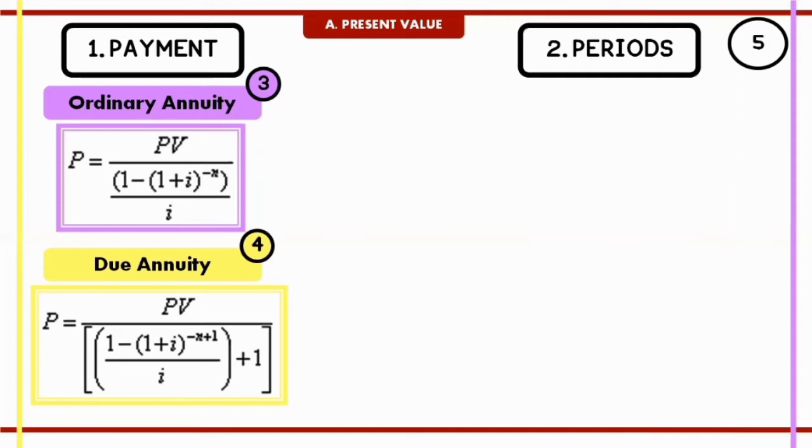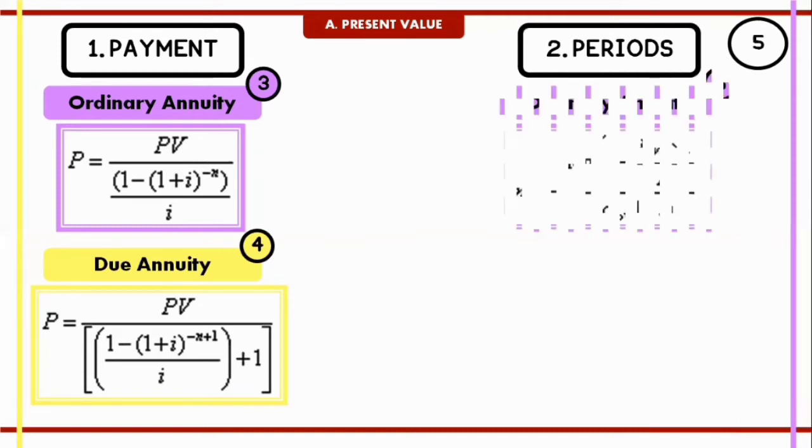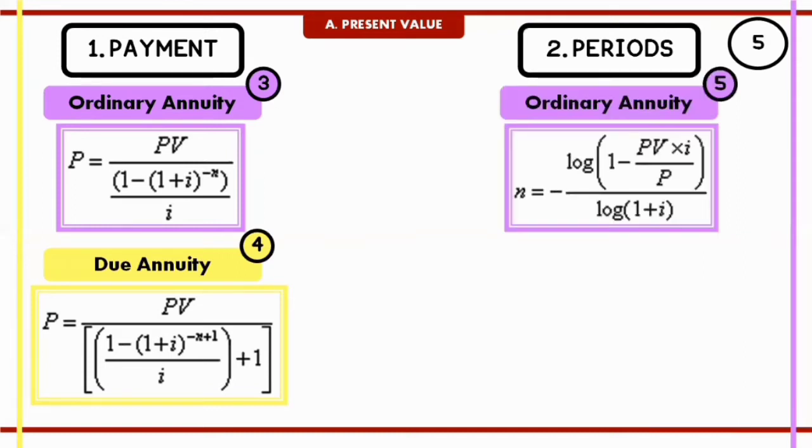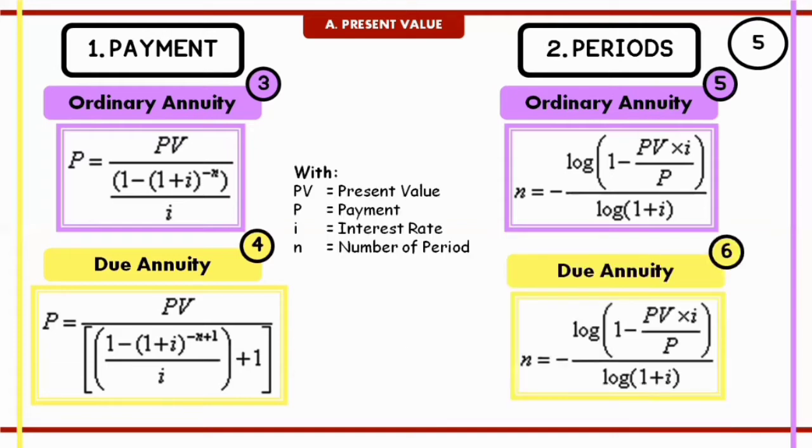And how to find the periods for ordinary annuity is n equals to negative log 1 minus PV times I divided by P, divided by log 1 plus I. And due annuity is the same with the ordinary annuity.